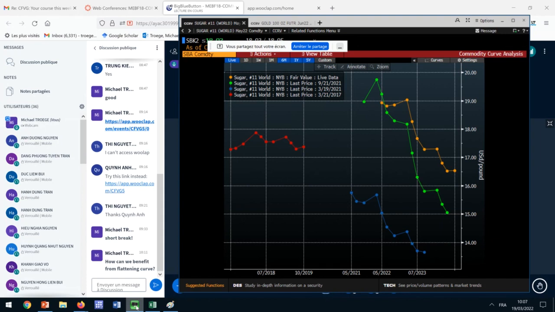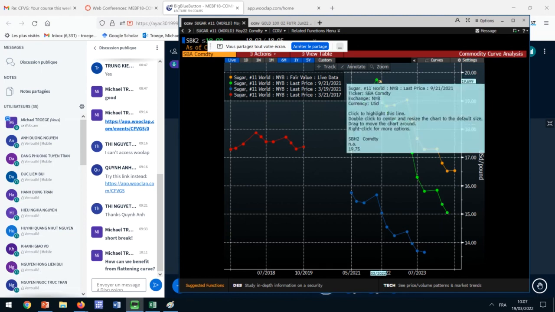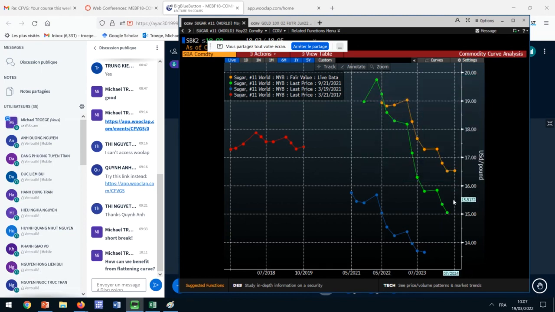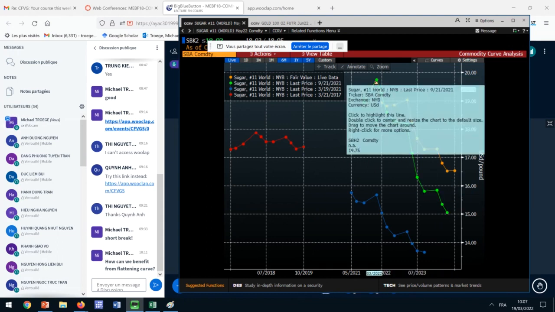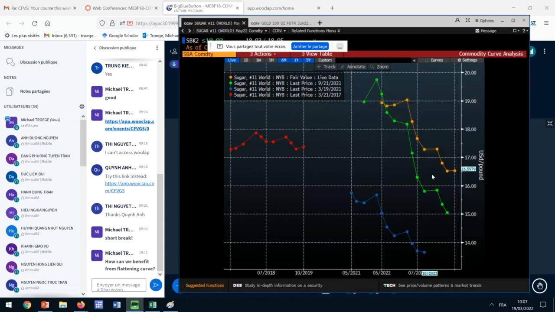So, if we place a bet on the flattening of the curve, we would think that the nearby contracts decrease, and the far out contracts increase. So what we should do, of course, is take a position where we benefit from both. Which means what? It means short the nearby and long the far out.